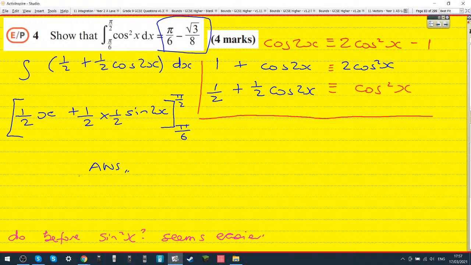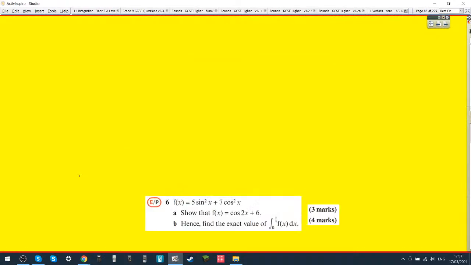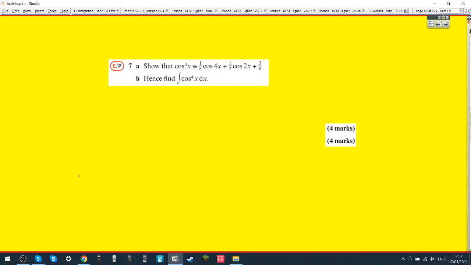No. So we did sine squared x, we did cos squared x. Show that that's the same as that, and then hence. So yeah, you would use something similar. Cos to the 4x is identical to that. So you could write it as cos squared x squared, I think.